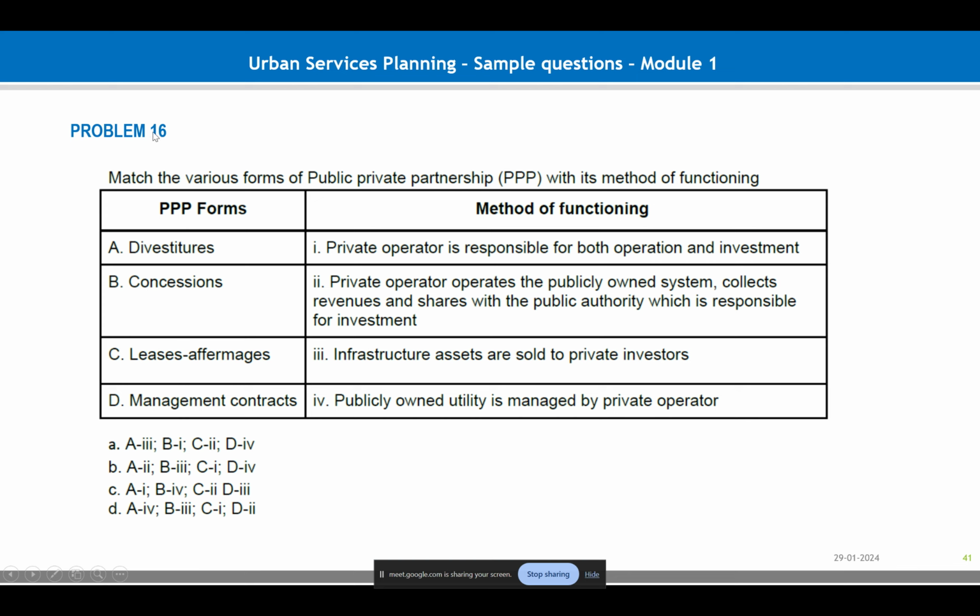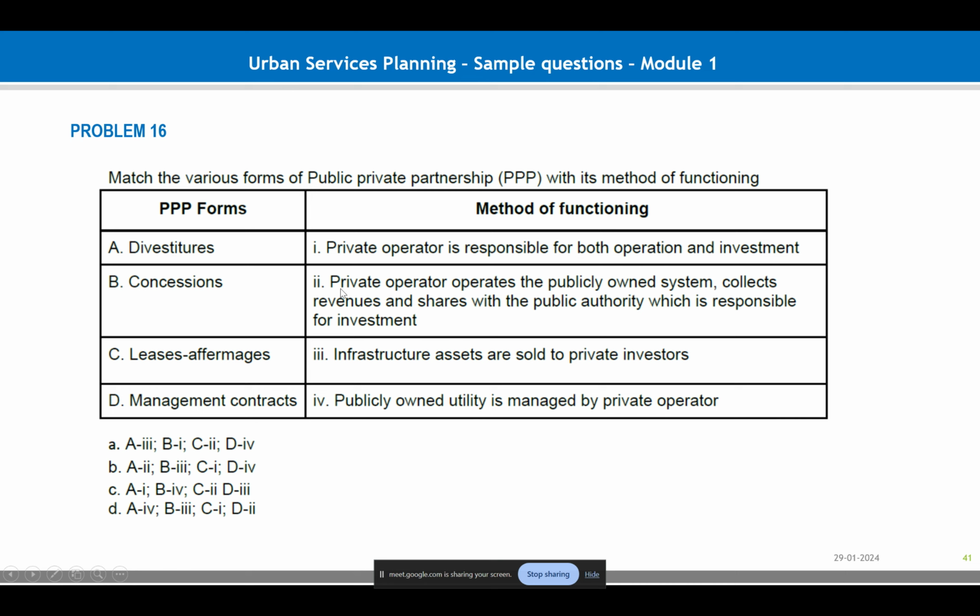Now, problem 16: match the various forms of public-private partnership with its method of functioning. So this is what we were discussing. There are different forms of public-private partnerships. The method of functioning is asked. First we have divestiture, then concession, then lease affermage, and then management contract.